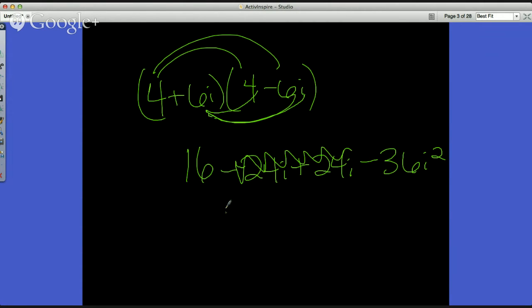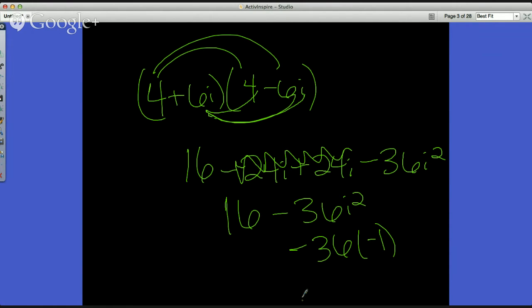Those will cancel, leaving us with 16 minus 36i squared. Well, what's i squared turn into? Good. So what does that right here turn into? Plus the 36. Good. So 16 plus 36 gets me 52. Good, Mackenzie. Very good. Okay. All right. Do y'all have any questions on that one at all?